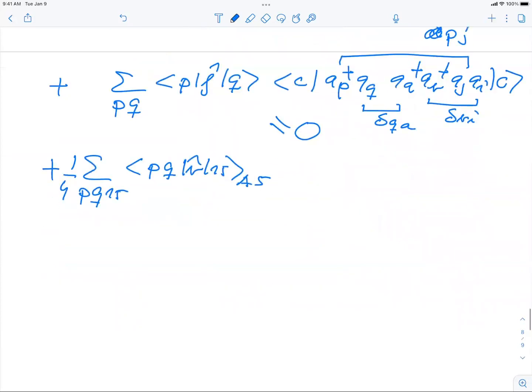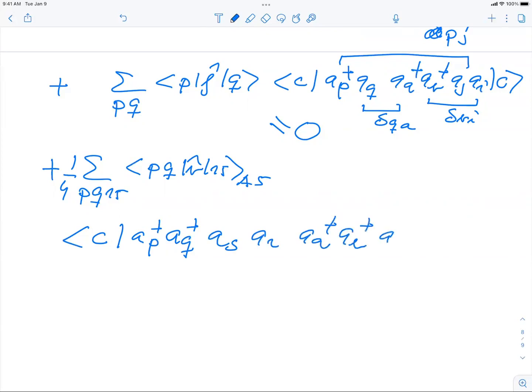Now I'm going to rewrite everything here: I'm going to have a C with an a_P dagger and then a_Q dagger, and then I have an a_S, a_R, and then I have my a_A, a_B, a_J, a_I with C.